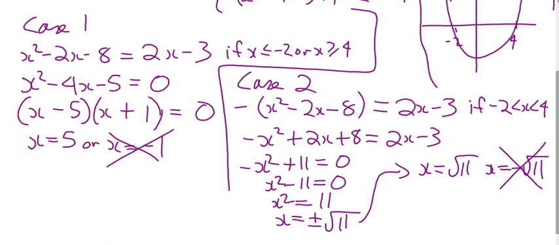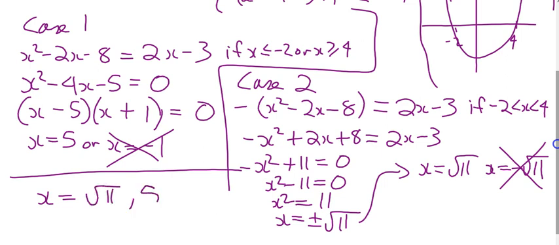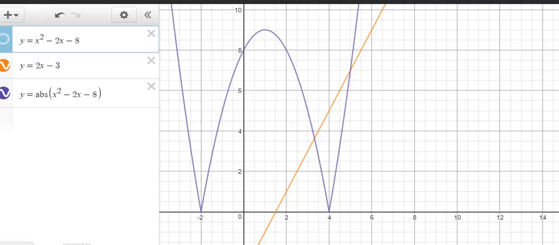Okay, so we have a solution, right? X is equal to root 11 and 5, in brace brackets. How's that match up with this graph? What's the square root of 11? It's 3.317?